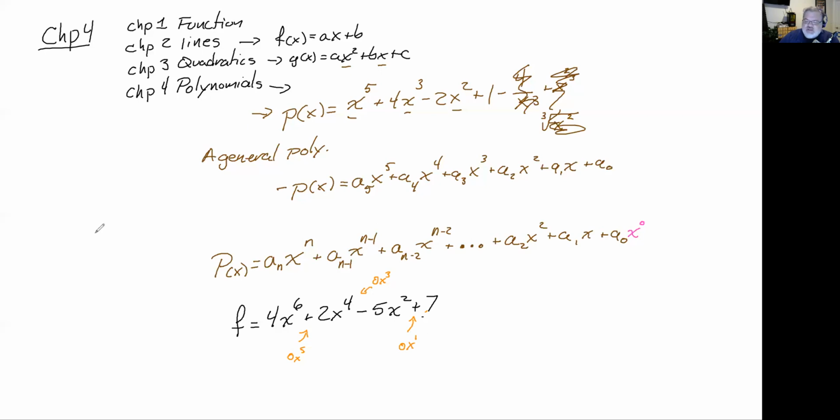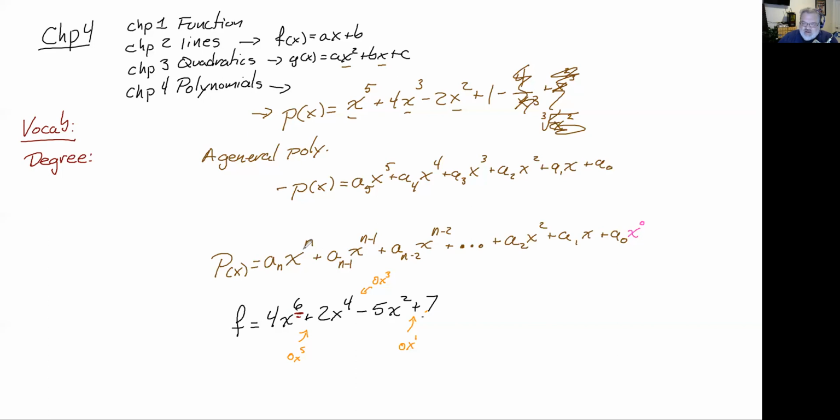All right. There is some common language we want to make sure we associate with our polynomials. So some vocab. Polynomials have a degree. The degree of the general polynomial is this highest power of any of the variables.